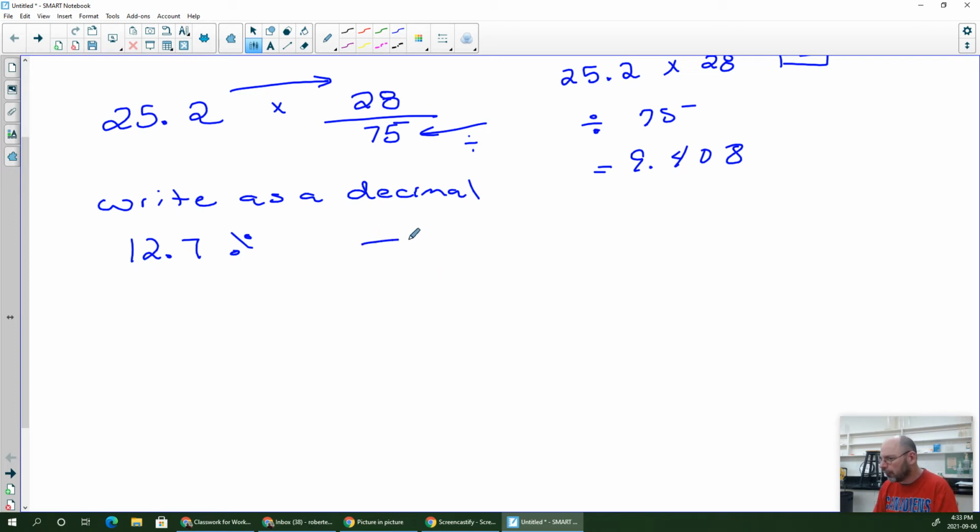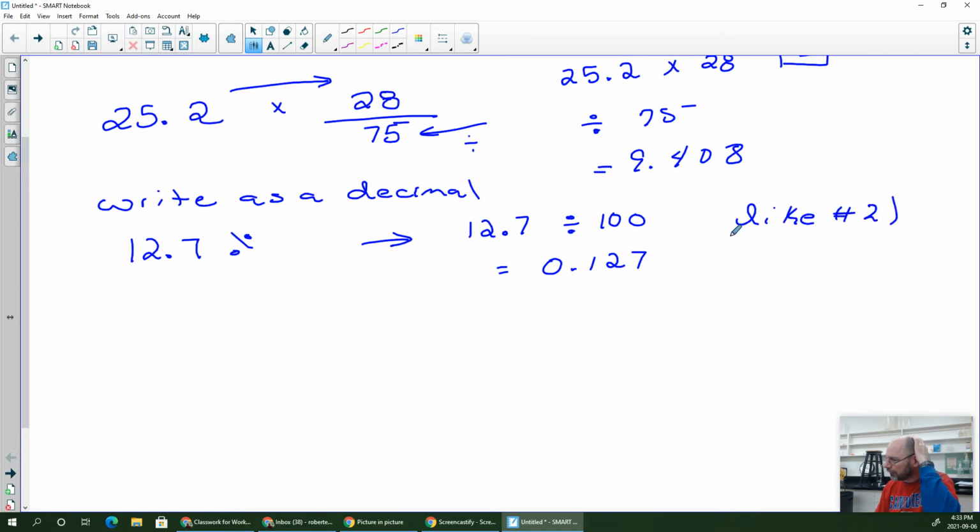So you just simply take the number 12.7 and you divide it by 100. That's what this percent means, out of 100. Or you could just move the decimal over 2 to the left, because that's what it does when you divide it. So if you divide that on your calculator, you get 0.127. Okay, and that's like number 2 on your sheets in your workbook.